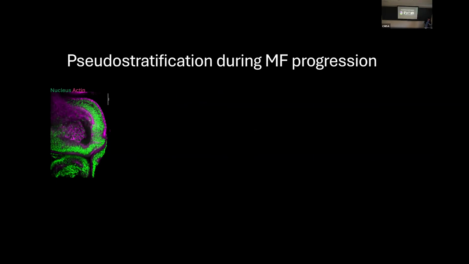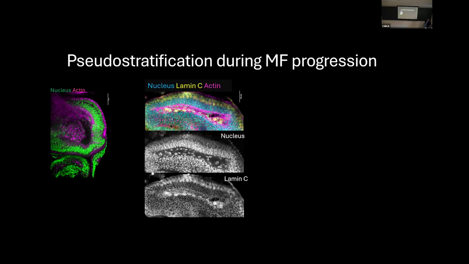And if you look for lamin C expression in this post morphogenetic furrow part, where cells have gone through differentiation, photoreceptor cells have higher lamin C. They are more rounded, and they are more rigid based on lamin C staining. Lamin B seems to be normal, but lamin C only corresponds to those apically segregated nuclei.